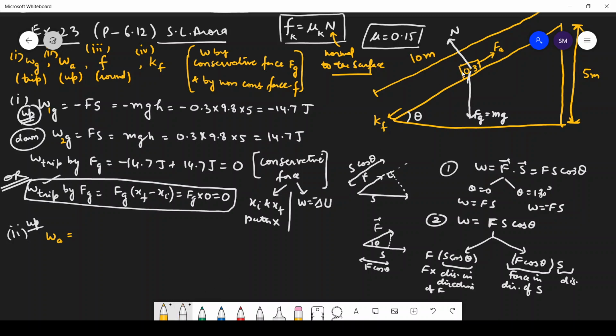Of course there is this force of friction against the direction of the motion, and what about the component of mg in this direction? Gravitational force also has a role to play.